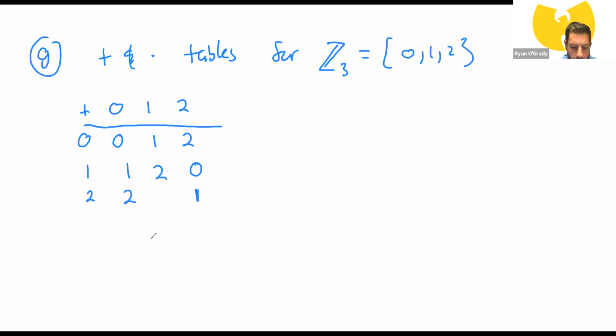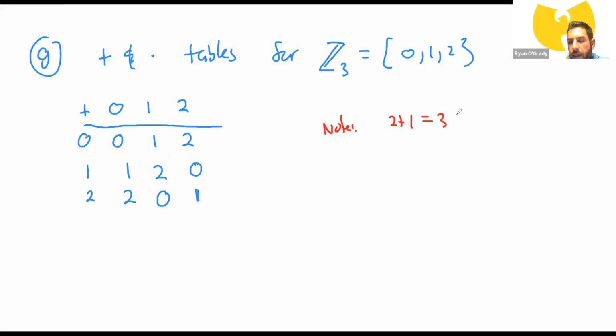So the key thing to note is what we're doing is writing out what happens when I add any two numbers in this set together. Everything is normal except for these three entries. So here's the thing to note. 2 plus 1 is 3.